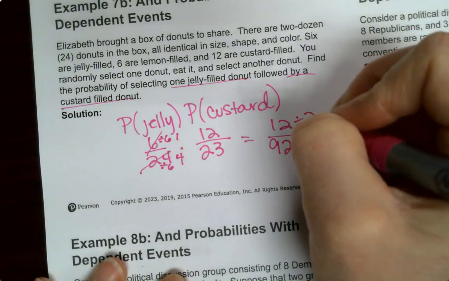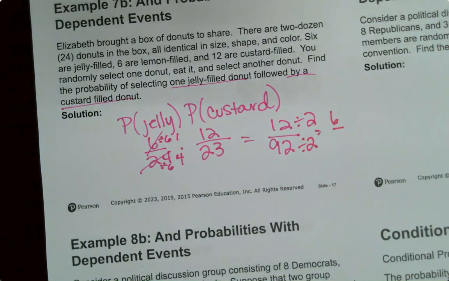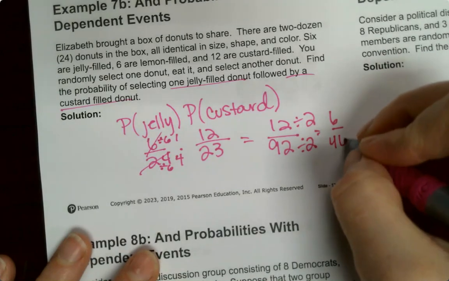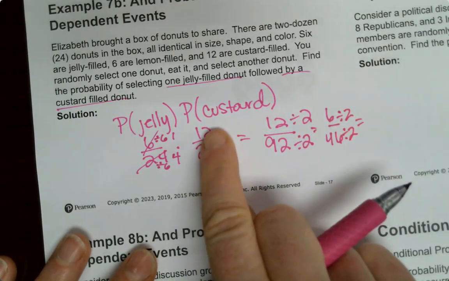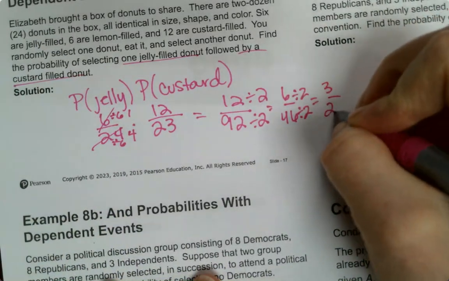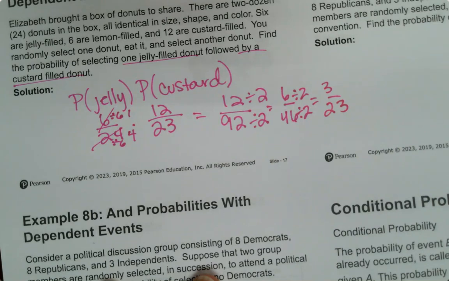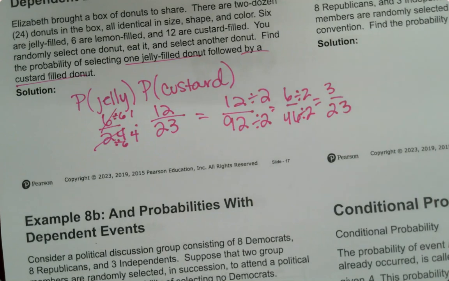We could simplify. 92 divided by 2. 46. Oh, these are still even, so divide by 2 again. We should have simplified here. Okay, that's it.